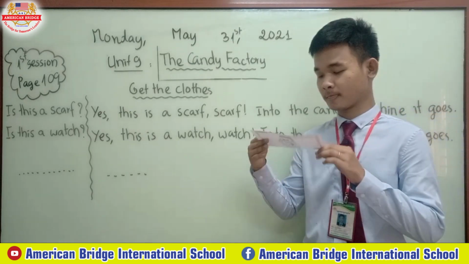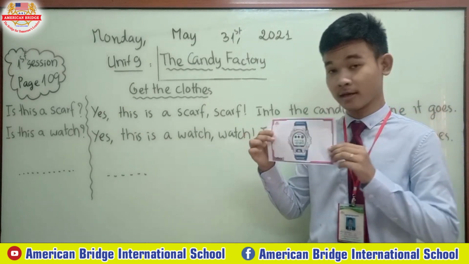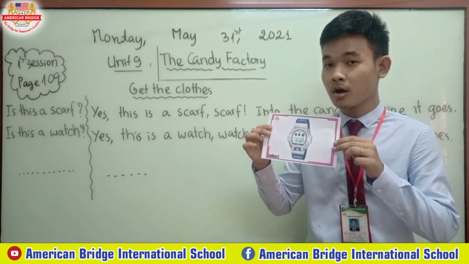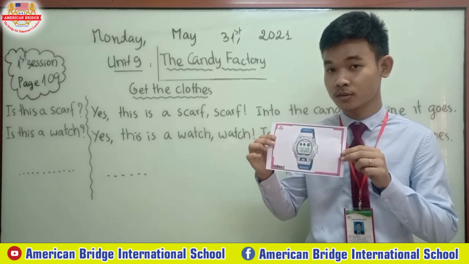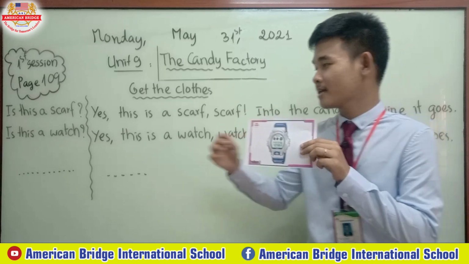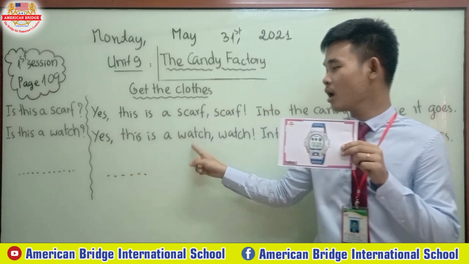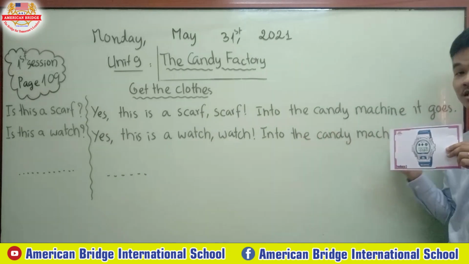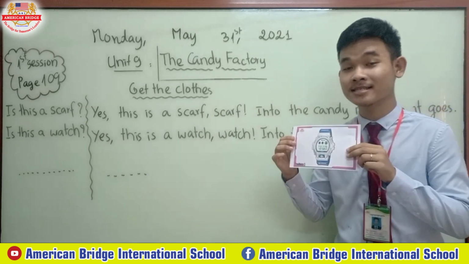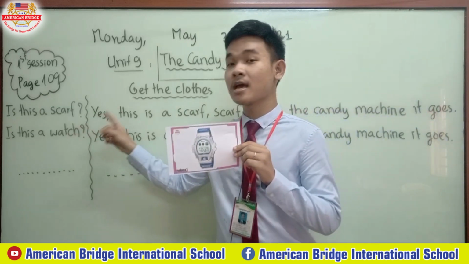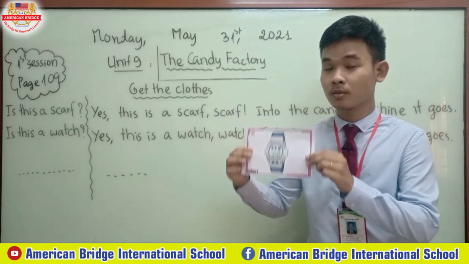This one. Okay? Is this a watch? Who knows? Yes, this is a watch. Watch. Into the candy machine it goes. That's how the song goes earlier. Is this a watch?